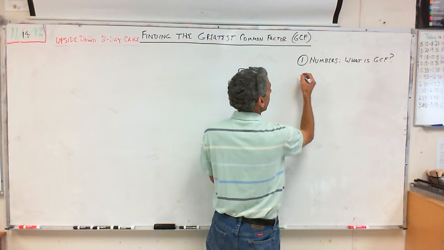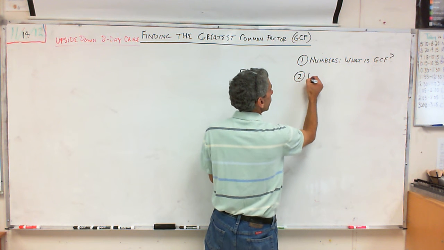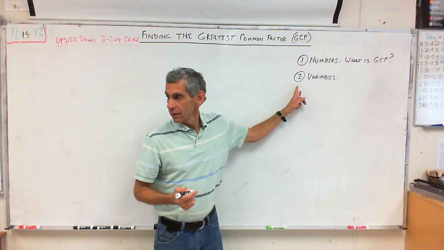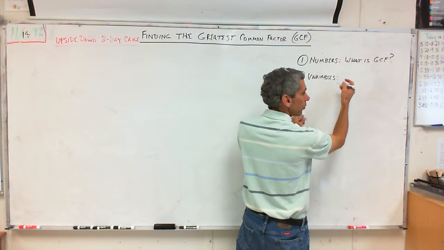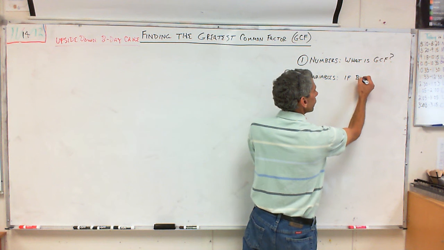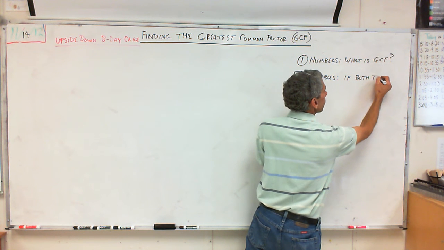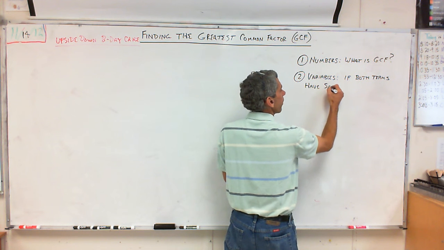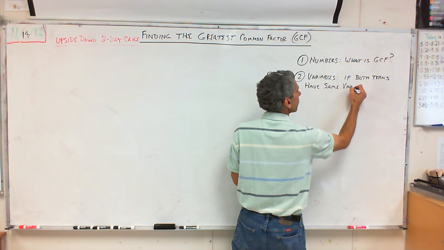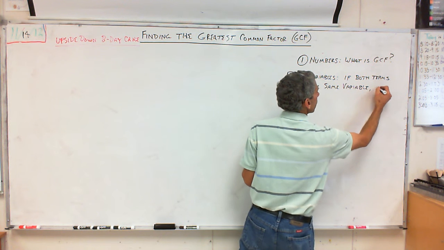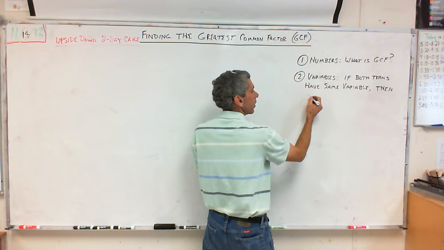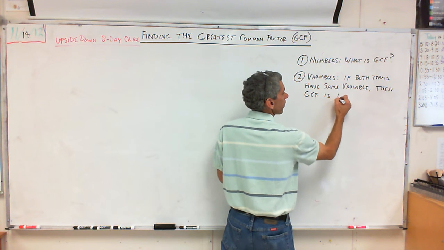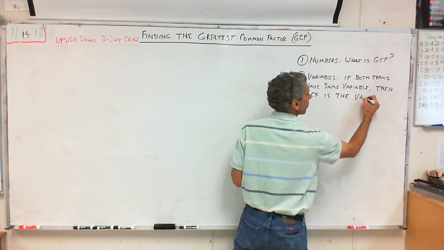Oh, by the way, I didn't finish this. The first thing you do is you look at your numbers. The second thing is you look at your variables. And with variables, if both terms have the same variable, then the greatest common factor is the variable with what?